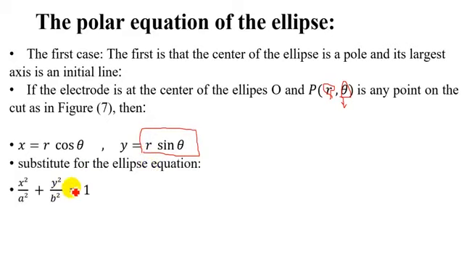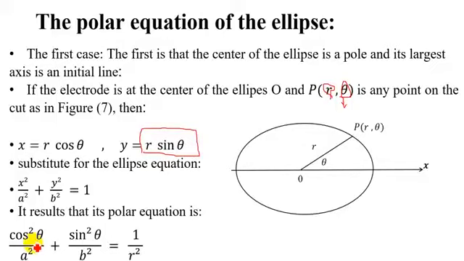So if our general ellipse is like that, the polar one will be like this: cosine squared theta over a squared plus sine squared theta over b squared equals 1 over r squared. So that changed our form.